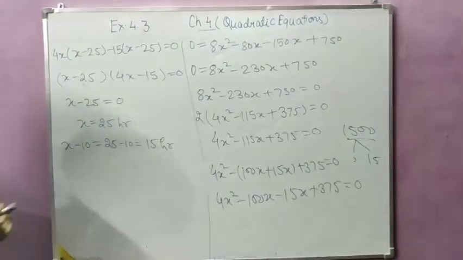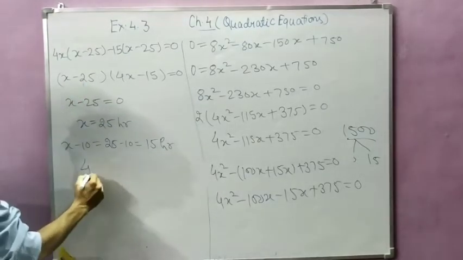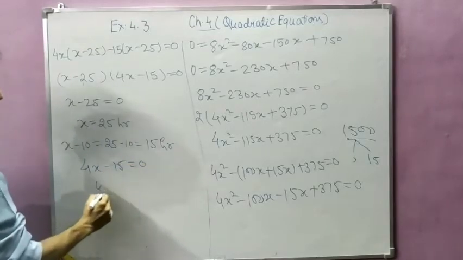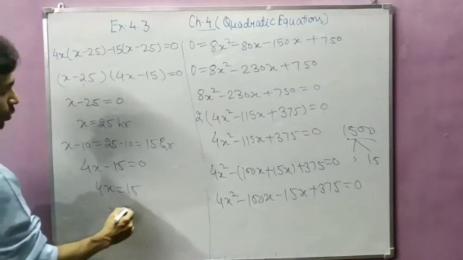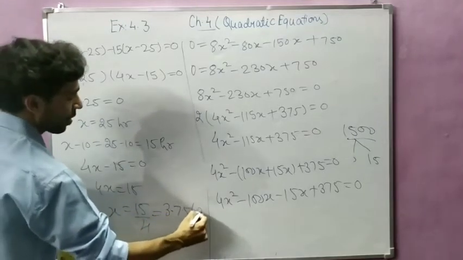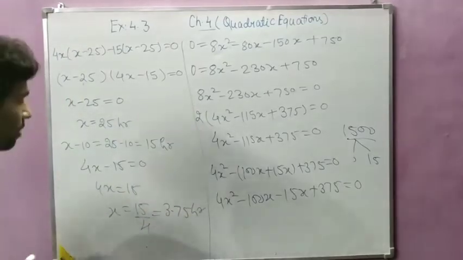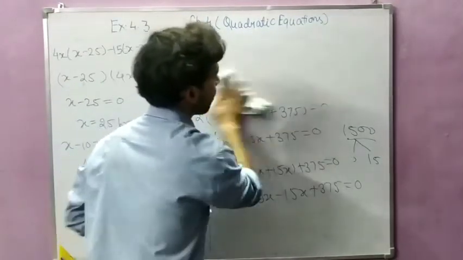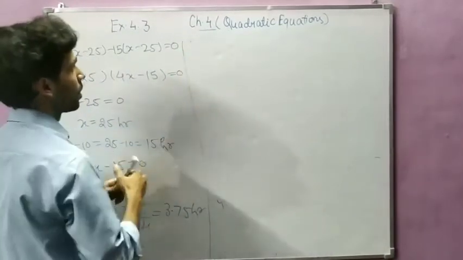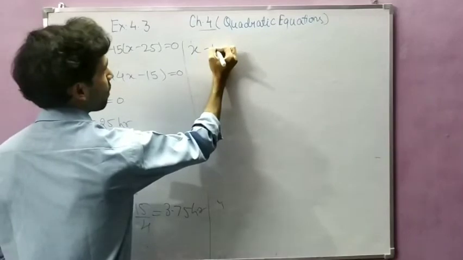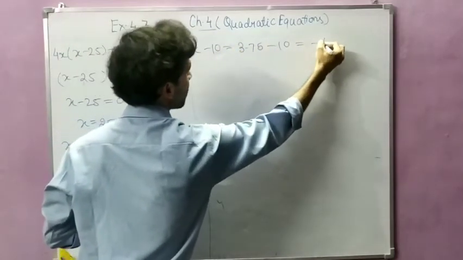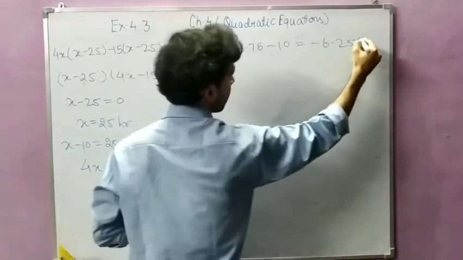Now let's check for the another value, that is 4x minus 15 equal to 0. So 4x equal to 15, so x equal to 15 by 4, it will come 3.75 hours. So when x equal to 3.75 hours, what will be the value of x minus 10? x minus 10 will be equal to 3.75 minus 10, which is equal to minus 6.25 hours.